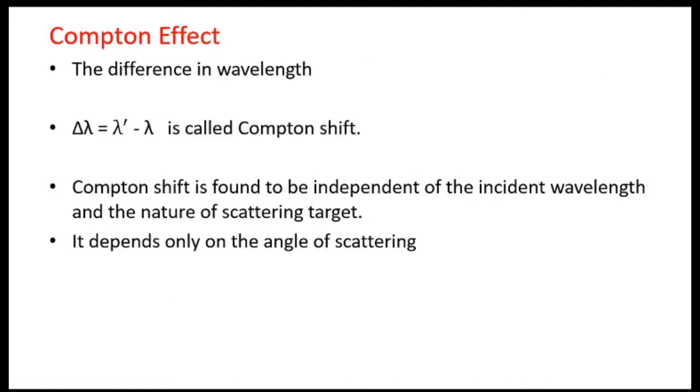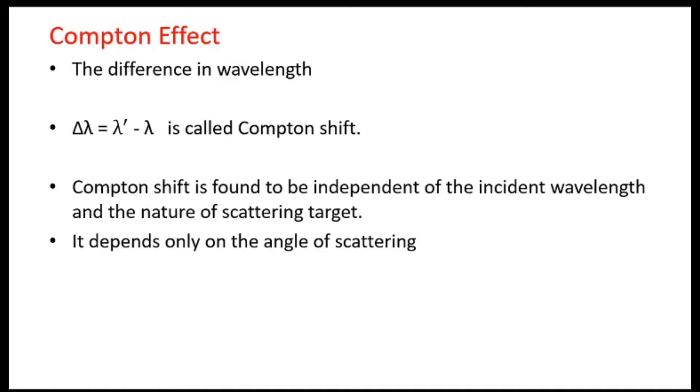Now the difference in wavelength is denoted by delta lambda, and delta lambda is equal to the higher wavelength lambda dash minus the original wavelength lambda. The quantity delta lambda, which represents the change in wavelength, is called Compton shift.